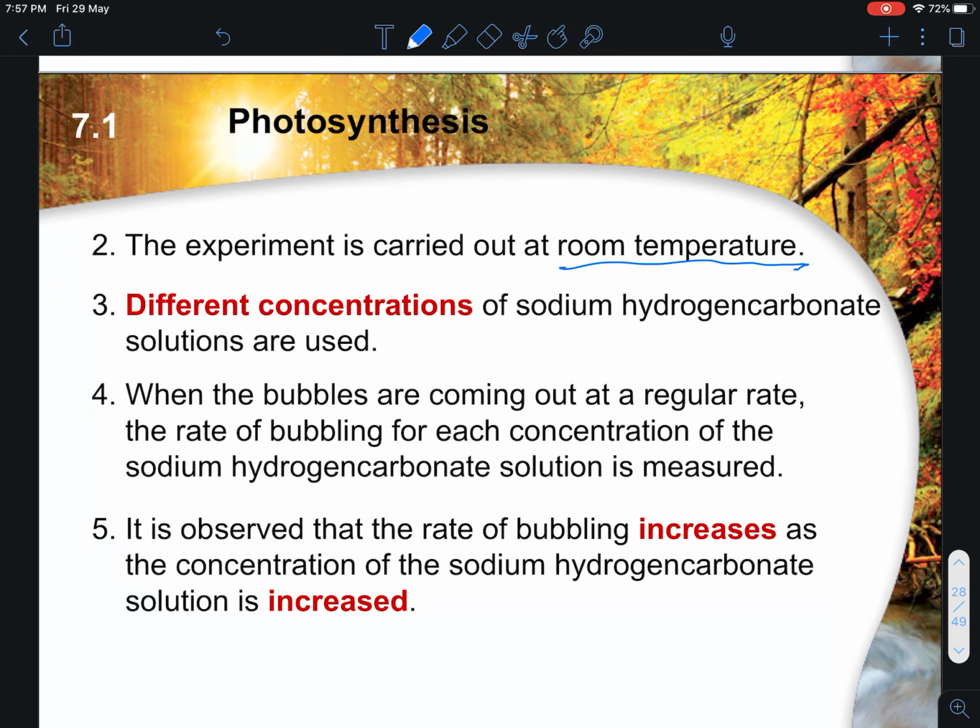Increasing the concentration of sodium hydrogen carbonate solution would actually increase the CO2 concentration, hence increase bubbling rate, and therefore increase the rate of photosynthesis.